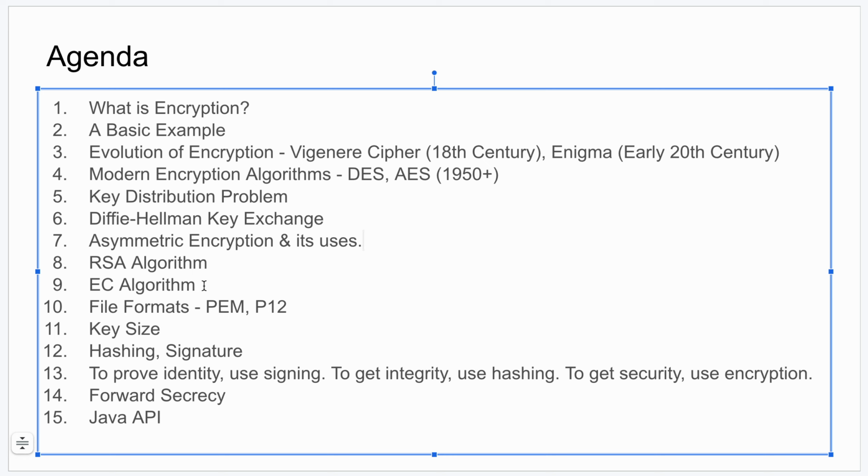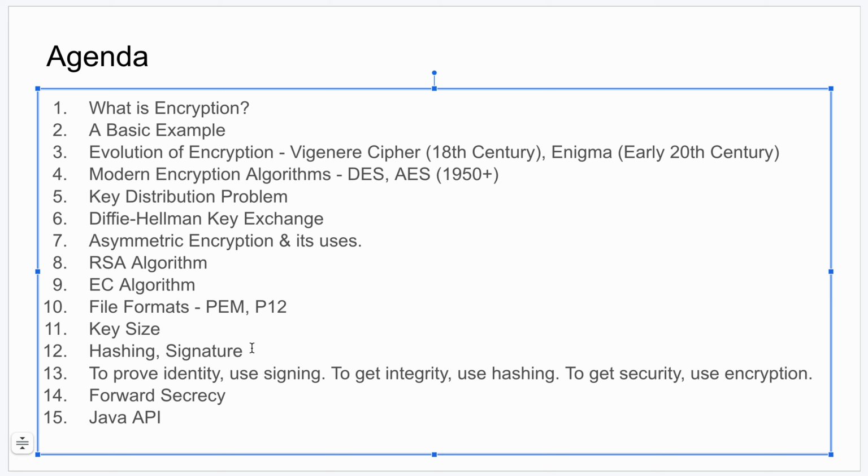Later on, we look at the elliptic curve algorithm, which is becoming more prevalent as of 2023. And then from a developer and programming perspective, we will look at some file formats in which we store digital certificates and public keys and private keys.